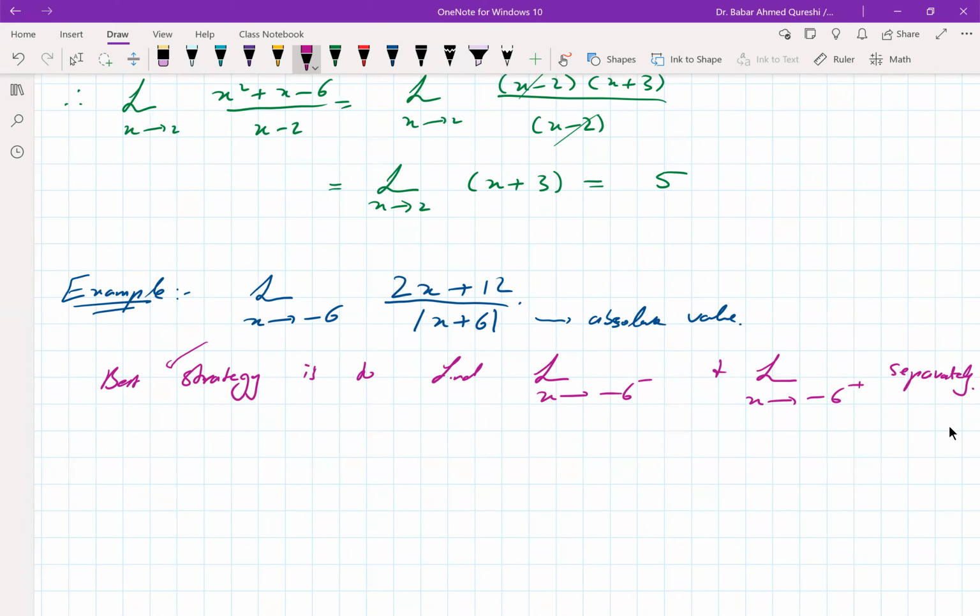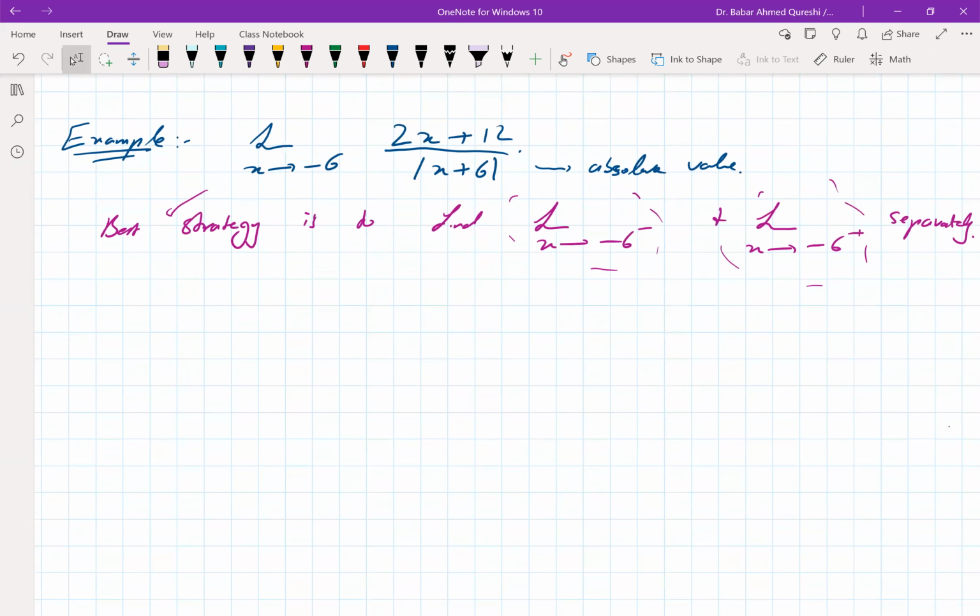So this we can always do, but many a times it doesn't buy us much. But in this case, it helps in analyzing the situation a bit better when you have a piecewise defined function around that limit. So I can check the right hand limit first.